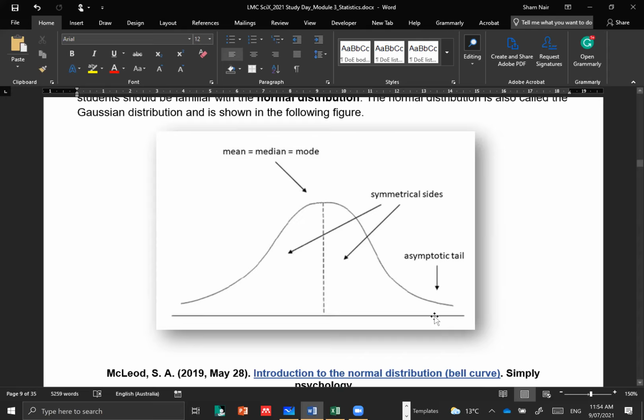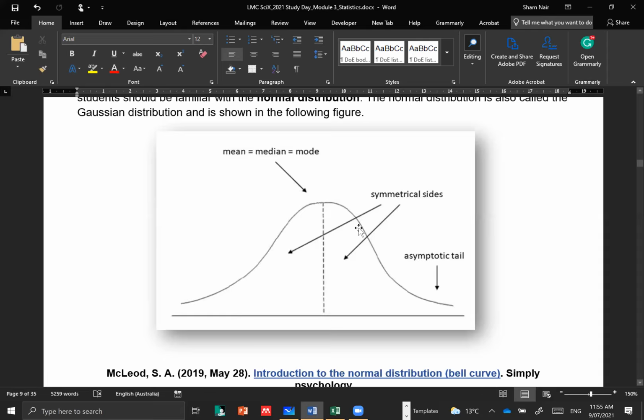So what are the main features? Well, you see a central hump in the middle that indicates the most commonly occurring measurements. There is a dotted line in the middle, which shows the mean or the median or the mode, whatever the central measure is.